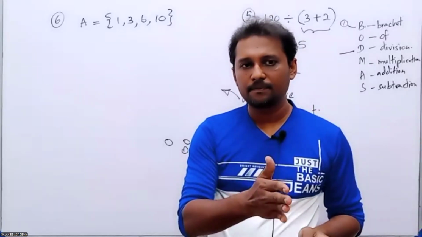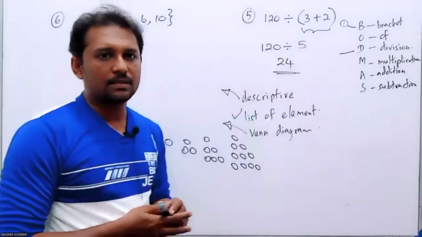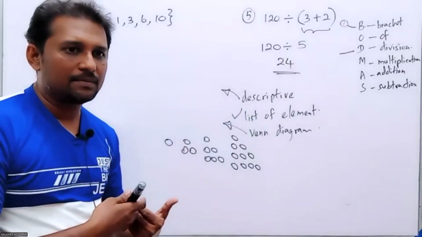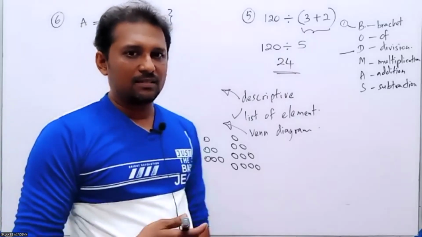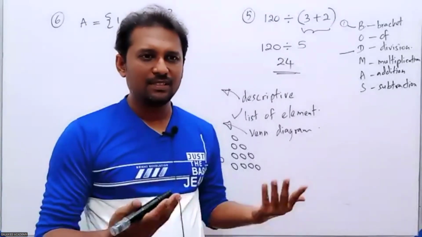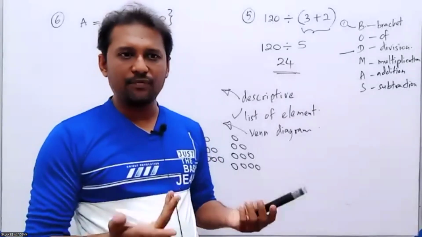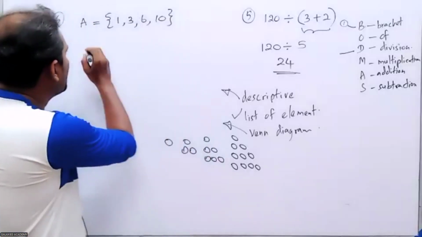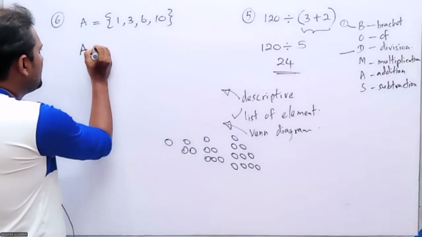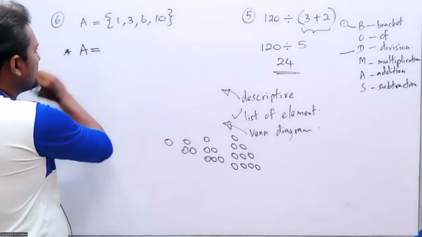We have to limit. Which triangular numbers? Triangular numbers less than 11. Right. Suitable, no? Less than 15? Suitable. Less than 12? Suitable. So you can write the descriptive method. This is the one answer.